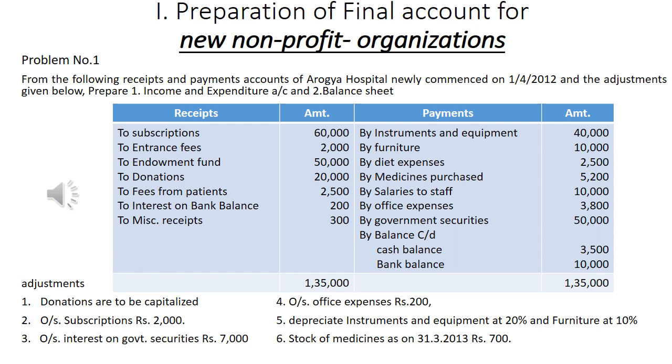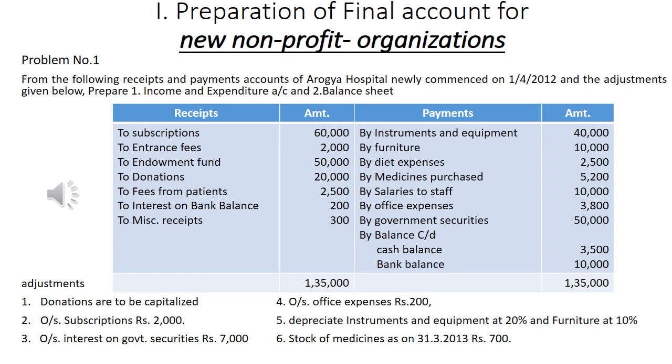On instruments and equipment we have to calculate 20% depreciation. The same has to be shown on the debit side of the income and expenditure account. On furniture we have to calculate 10% depreciation, and the same has to be shown on the debit side of the income and expenditure account, and the same depreciation can be deducted from our assets on the asset side of the balance sheet. Clear?